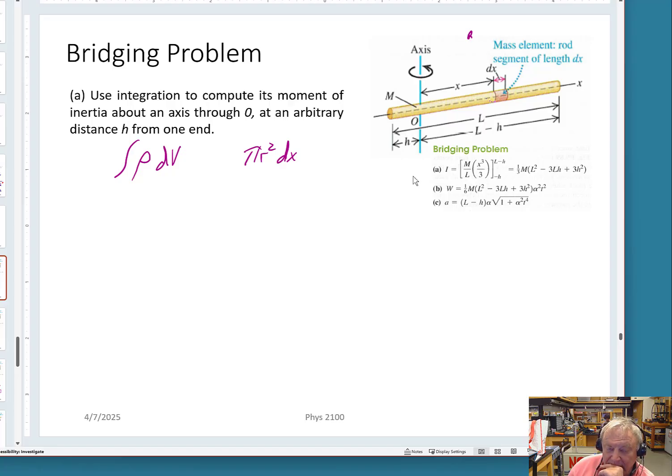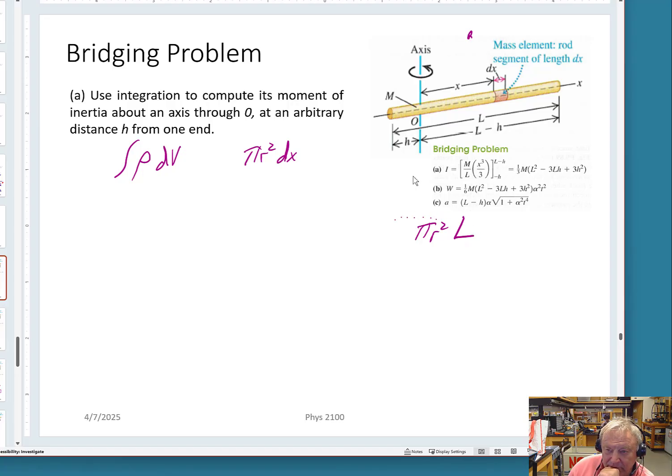And so an expression for rho then would be the whole volume of that rod, which would be pi r squared times L.